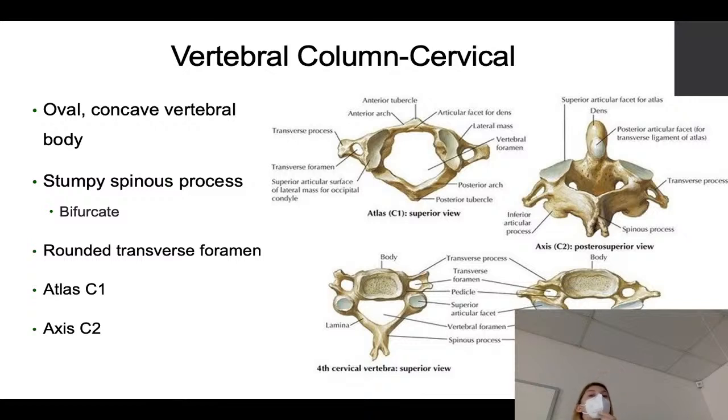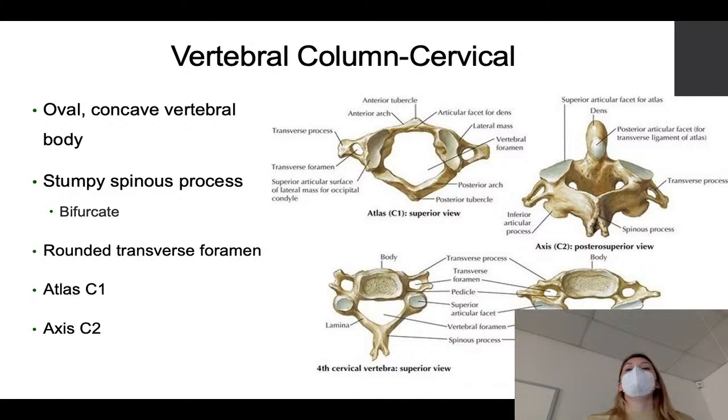So they have a very oval, concave body, basically meaning they're kind of like shallowed out. We can see they have a small vertebral body. It's oval in shape. But the most unique thing that identifies cervical vertebra is that they have transverse foramen.